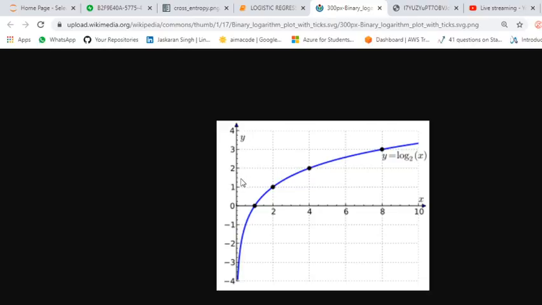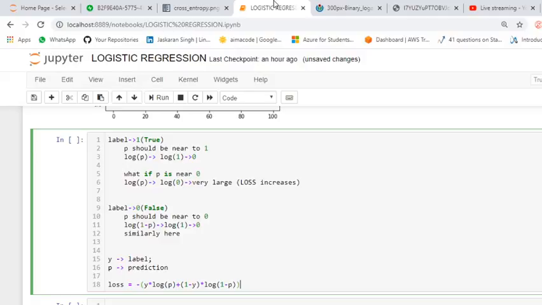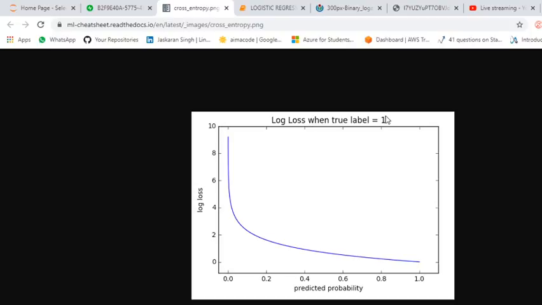If we multiply it by a negative sign like we did here, we get the opposite: we just reflect the graph around the axis. So when the label is 1, our cross entropy loss function would look like this.